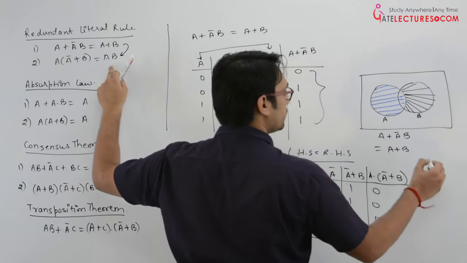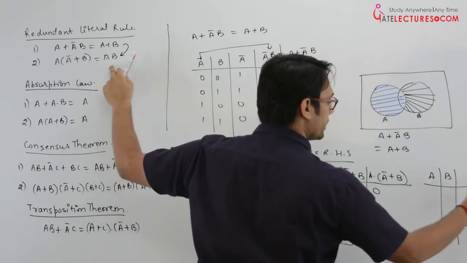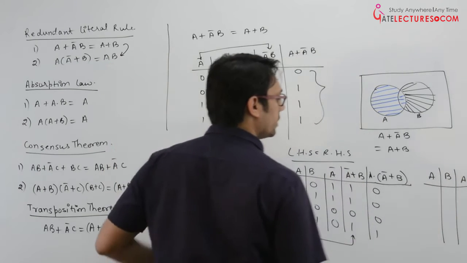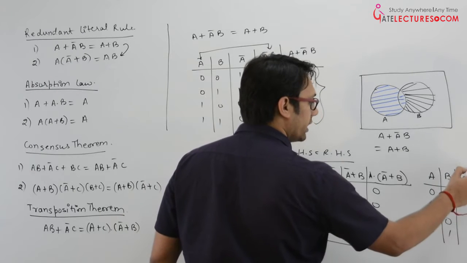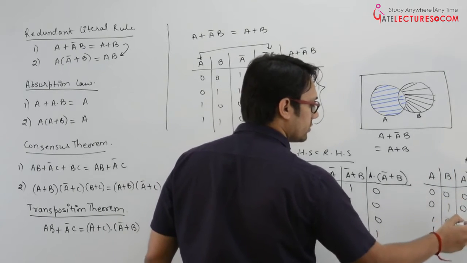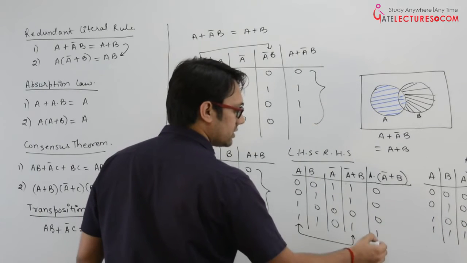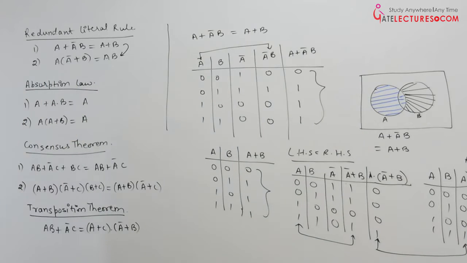If this is A, this is B, and this is A dot B, then AB is 0, 0, 0, 1, 1, 0, 1, 1, and this is an AND operation. Therefore, we can say it is 0, 0, 0, 1. So as you can see, this and this both are actually equal. Correct? So you can see we have just proved the redundant literal rule.